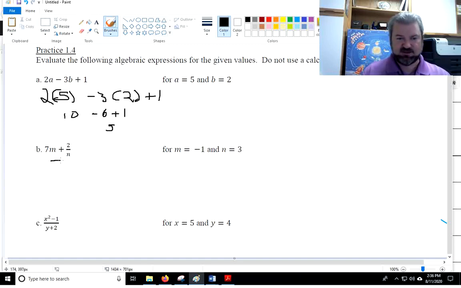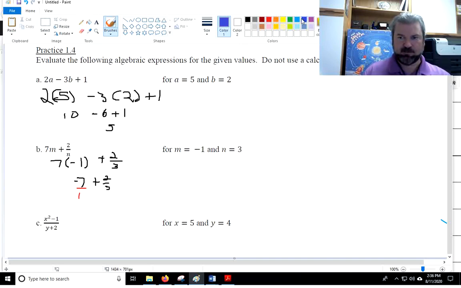All right, 7m, so 7 times negative 1 plus 2 over 3. So that becomes negative 7 plus 2/3. All right, looks like we've got to add some fractions, right? This 7 is 7 over 1. We need common denominators to add fractions.